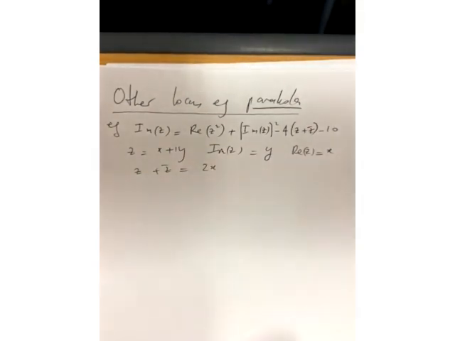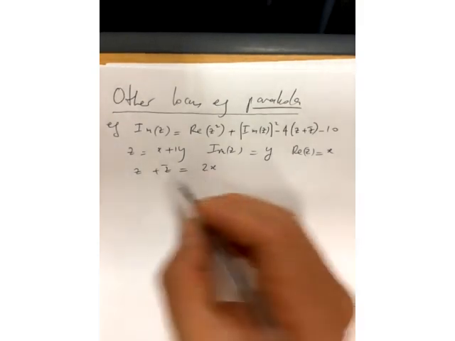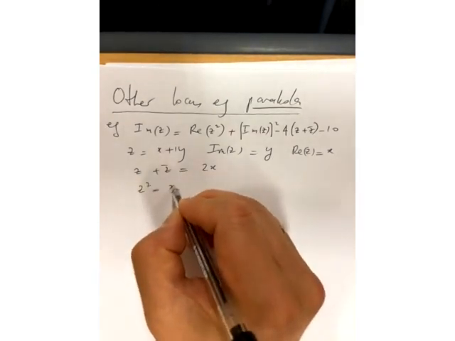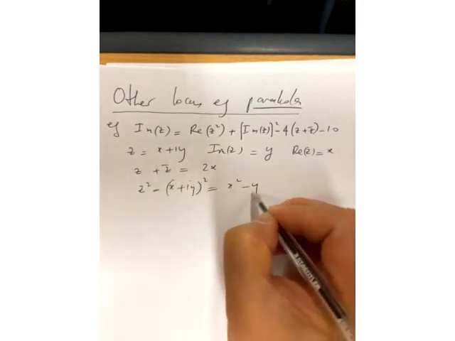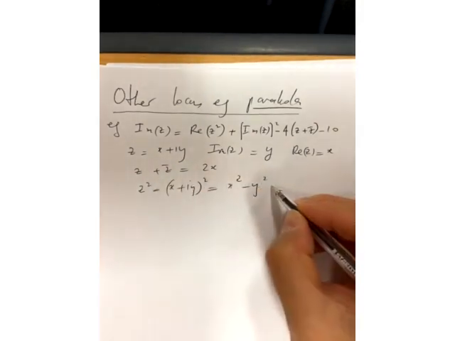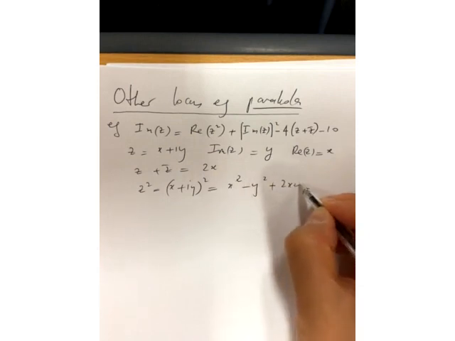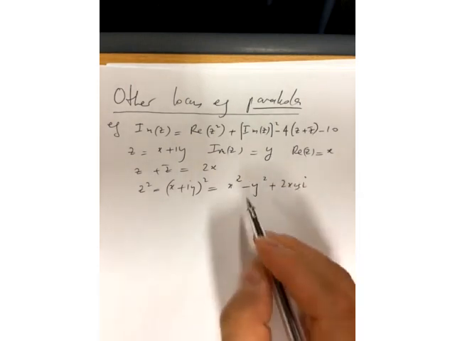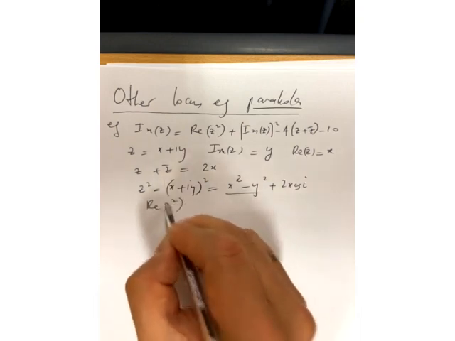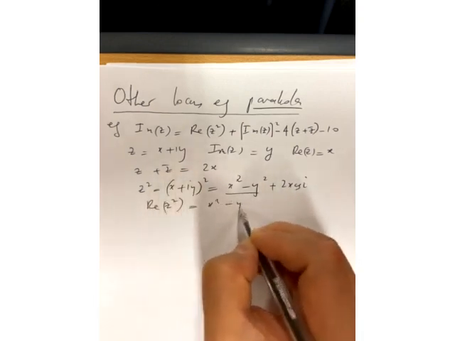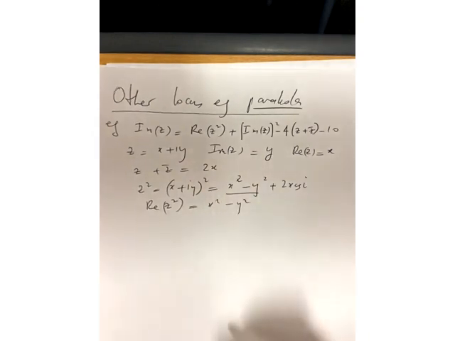So it's not that scary if you know your definitions. Anyway, I assume you know that. And also, z squared is (x plus iy) squared. If you expand that in a hurry, you get x squared minus y squared plus 2xyi. So the real part of that would just be x squared minus y squared. That's all there is to it.